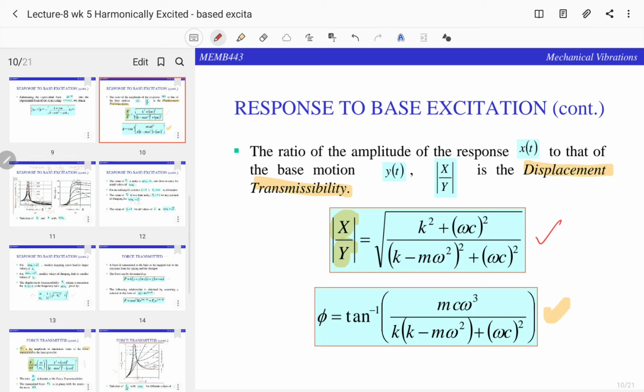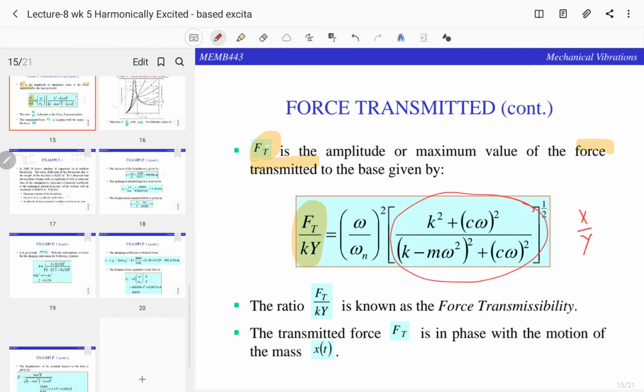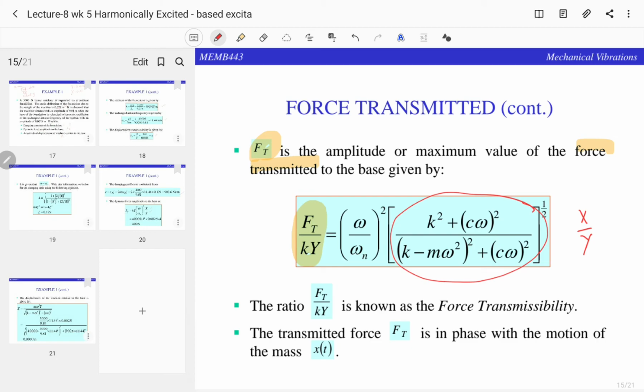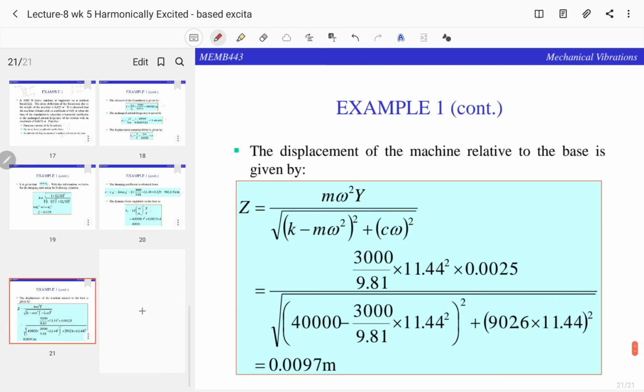So that's how they use this equation directly. Lastly, they want you to find the displacement of the machine relative to the base, which is your capital Z. You have all the parameters to substitute, which gives 0.0097.